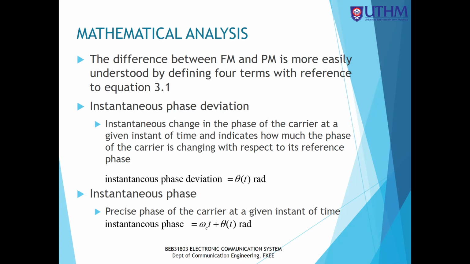Based on the general equation, we can determine four different parameters. The first is instantaneous phase deviation. Instantaneous phase deviation is the instantaneous change in the phase of the carrier at a given instant of time, and indicates how much the phase of the carrier is changed with respect to its reference phase.